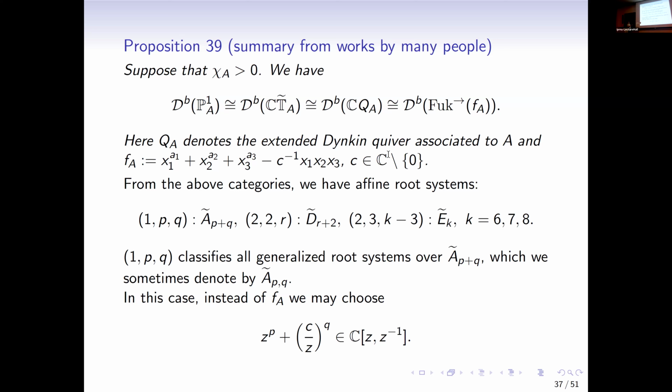Because in the affine A case, as I said, the extended Dynkin diagram is a loop, we need to choose an orientation, and the orientation classifies several Coxeter elements. In the p,q case, this can be reduced to a one variable model, and the story will involve some rational function on p,q.